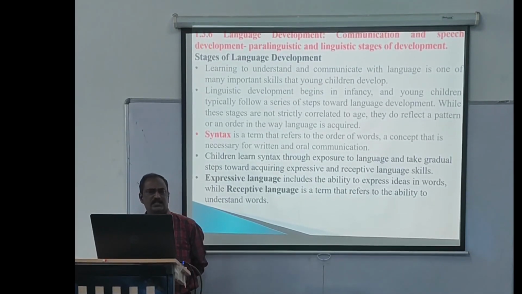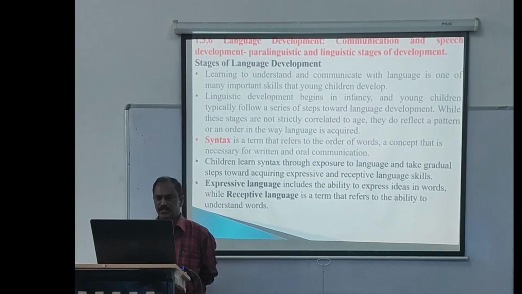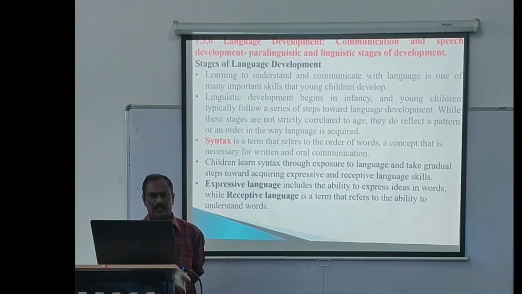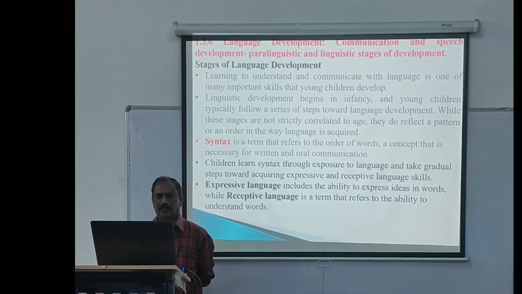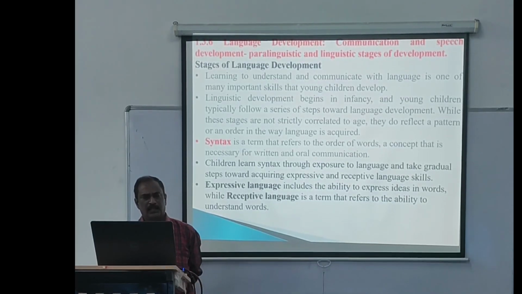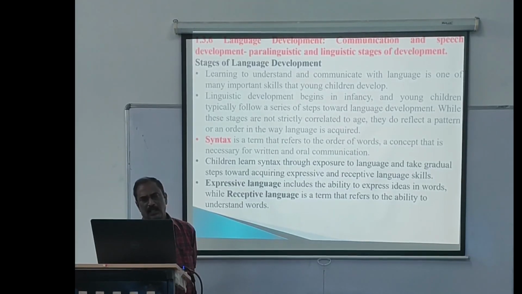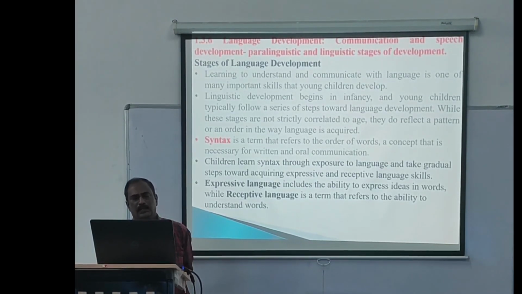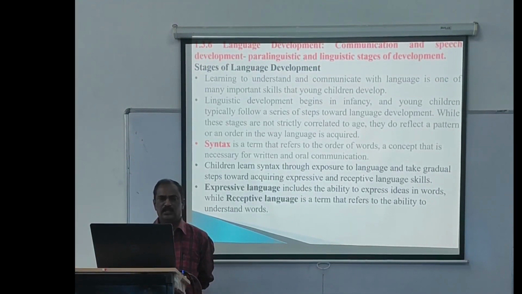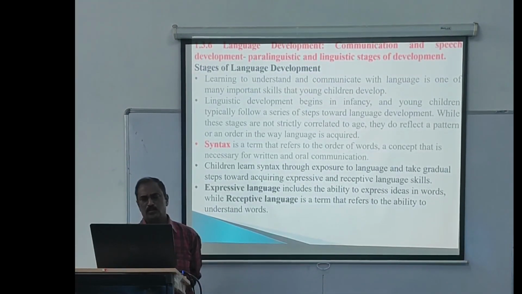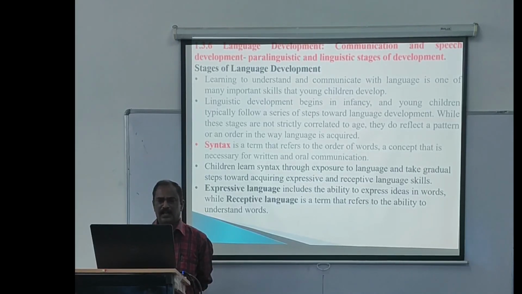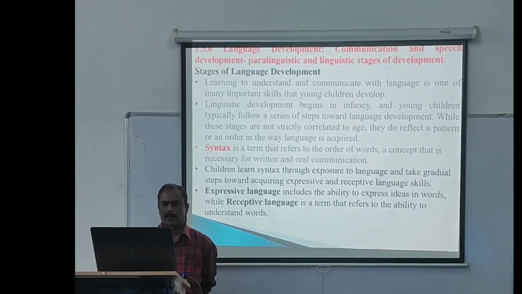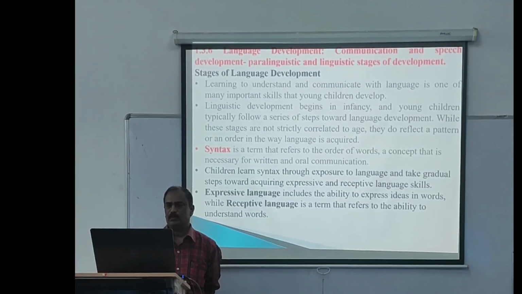While these stages are not strictly correlated to age, they do reflect a pattern or an order in the way language is acquired. Syntax is the term that refers to the order of words, a concept that is necessary for written and oral communication. Children learn syntax through exposure to language and take gradual steps towards acquiring expressive and receptive language skills.